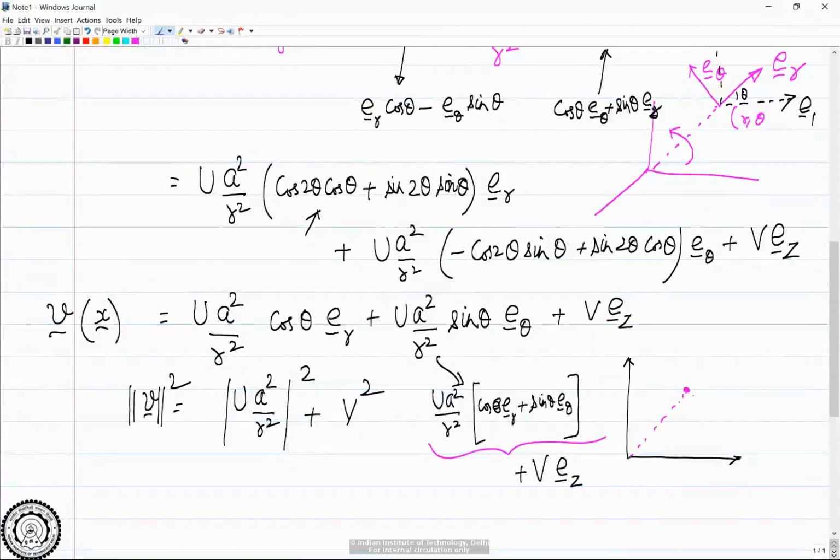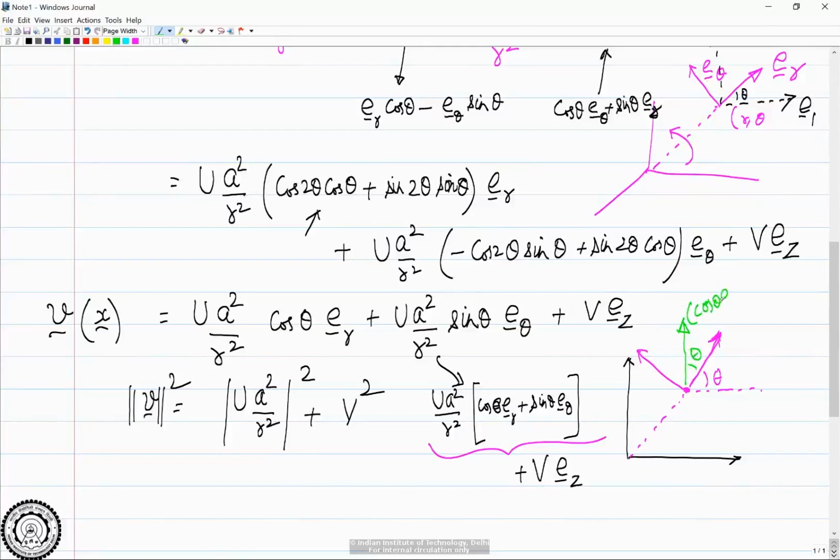So I go to a point r theta, and here are your er and e theta, which is making an angle theta from here. Which direction is cos theta er plus sine theta e theta? I guess that is this direction, at an angle theta, of course.